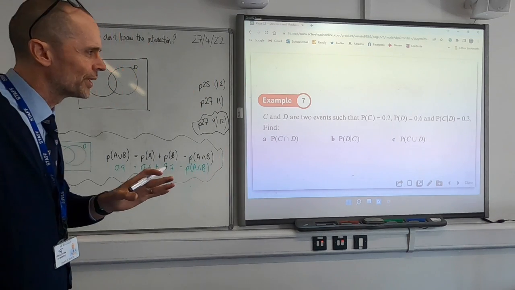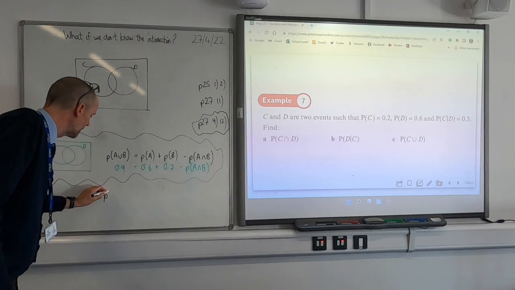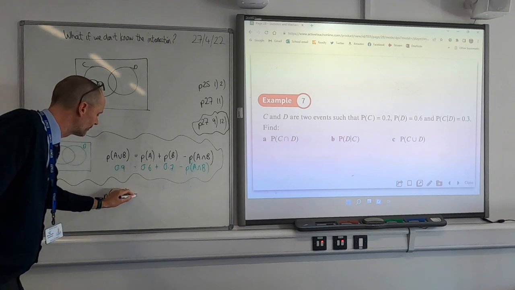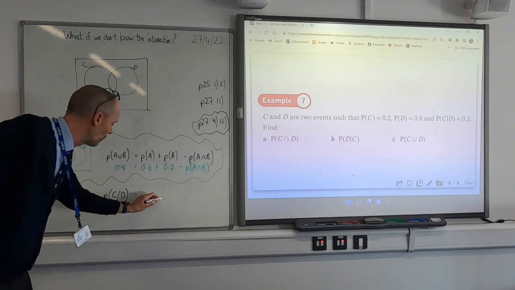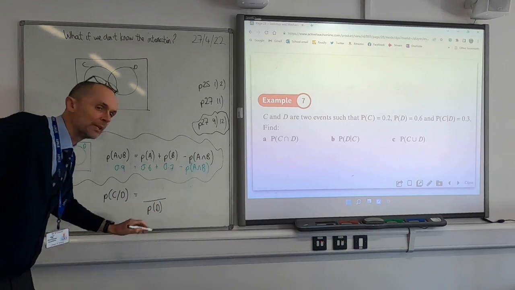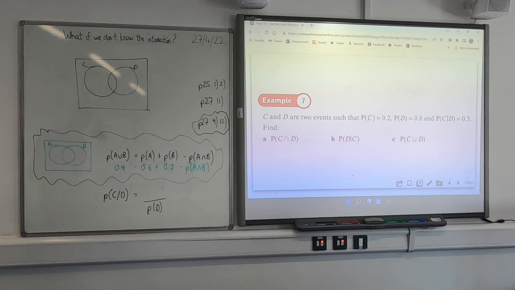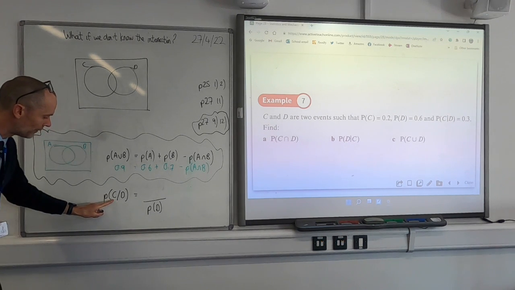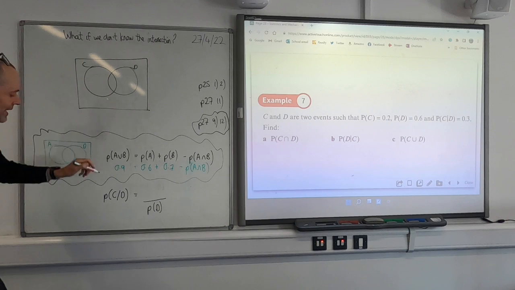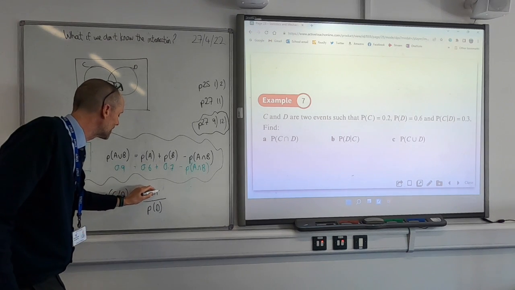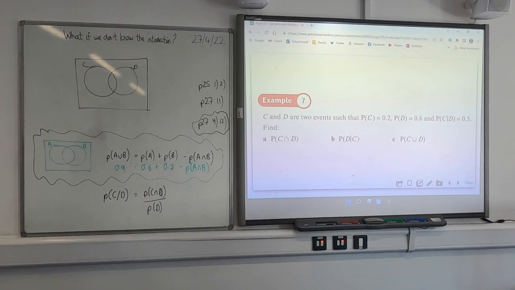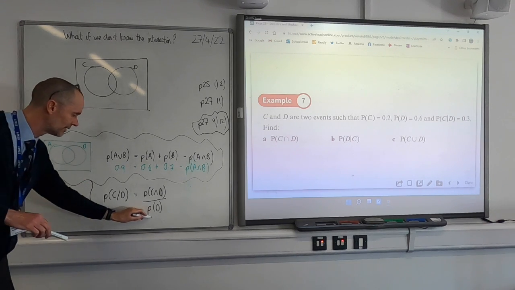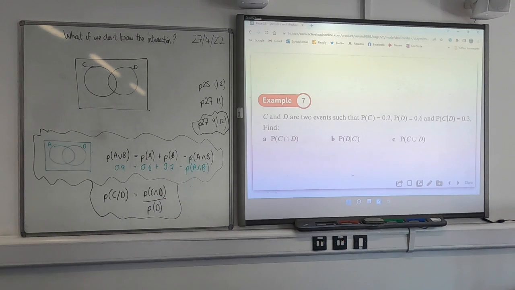So we're told the probability of C given D, which I know in my diagram I get by working out the probability of D, that goes in my denominator, and I'm interested in what part of that is down to C. So it's this bit here, which is the probability of C intersection D. And that's the second of the two probability formulae which we could use to help us solve problems.